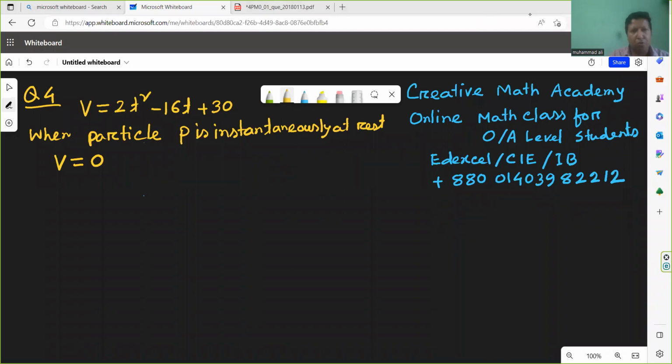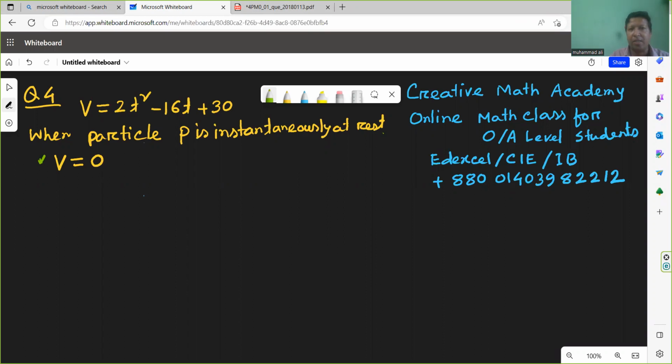Velocity v equals 2t squared minus 16t plus 30. One piece of information is very important here. When particle P is instantaneously at rest, that time v goes to 0. It's a very important information.